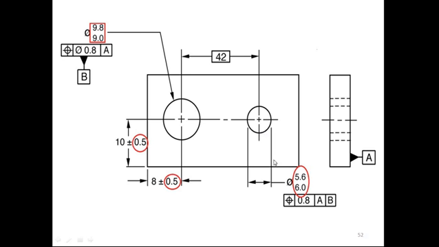Then next, the position of this circle we have shown. The diameter of this circle is 6 mm to 5.6 mm, and this is allowed.